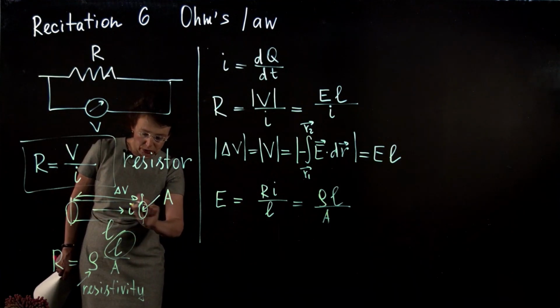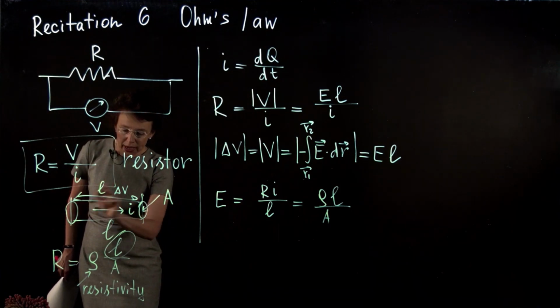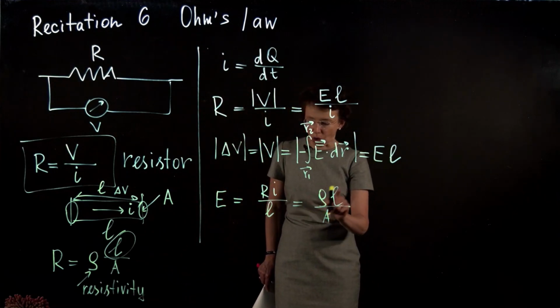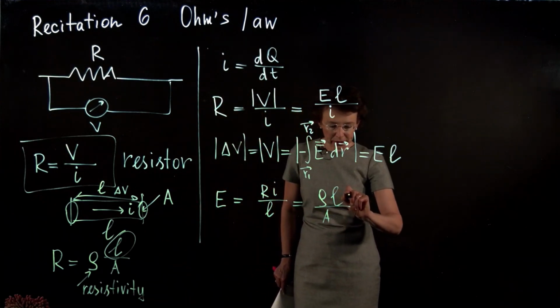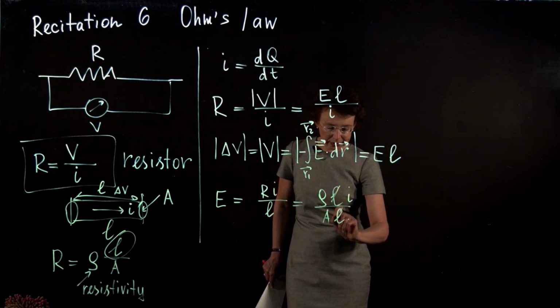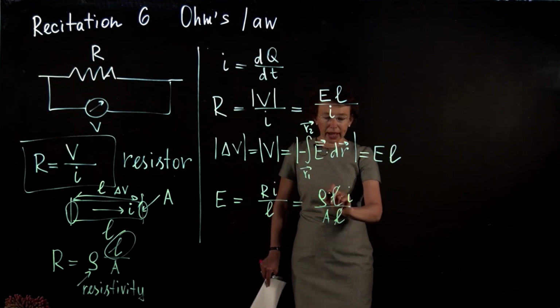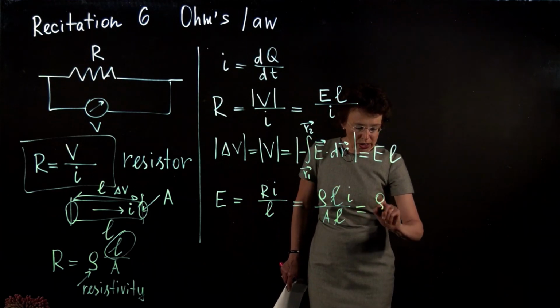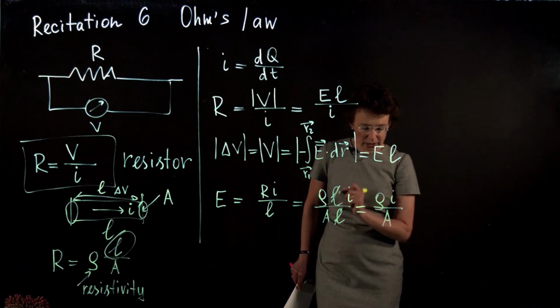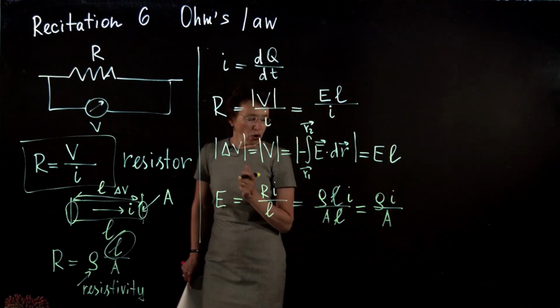So current is flowing in this direction, then we care about this length of the wire. So R is rho L over A, then current I, and divide by L. So L and L cancel, and I have rho, resistivity, times current I divided by the cross-sectional area of the wire.